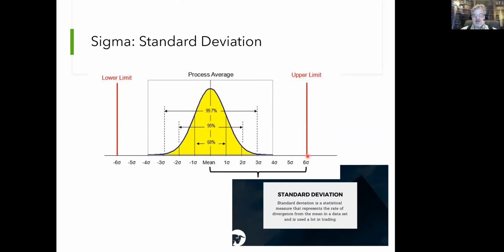I'm keeping everything so tight and so precise that my upper and lower limits, that normal range, is so far away from all my actual measurements that it's like a 99 point, and you'll know the number shortly if you watch the video. It's a high number, the odds that you'll have that process ever go beyond the mean. And if it starts to, you've got to make a change to your process to fix it.